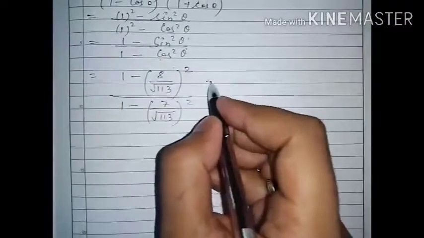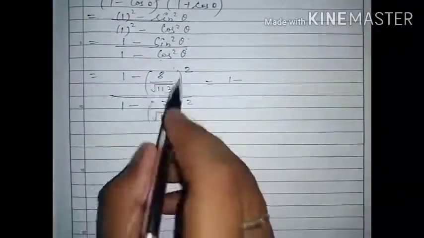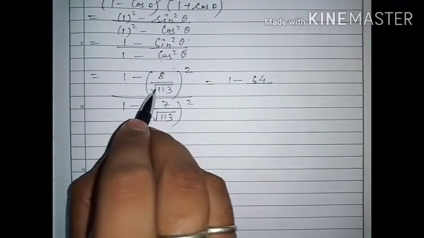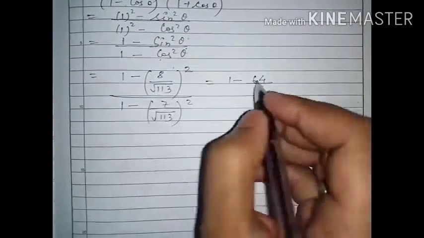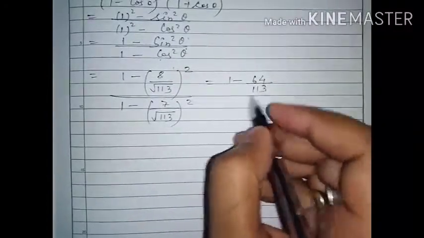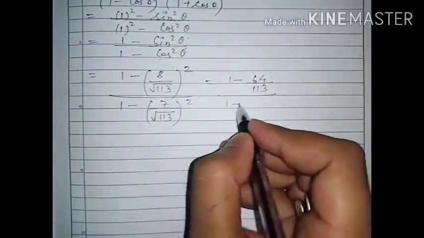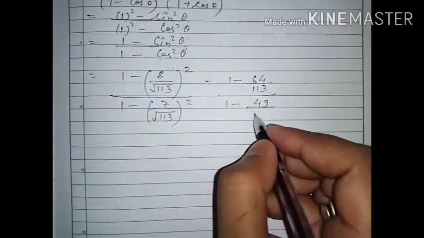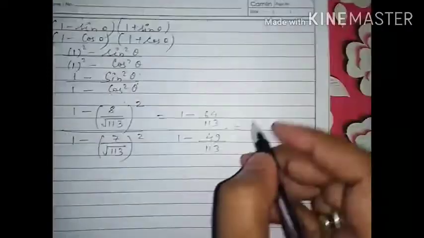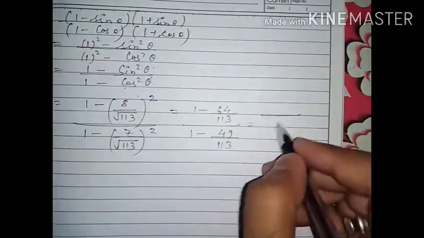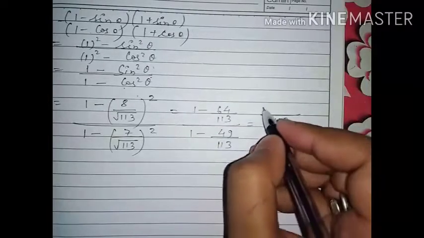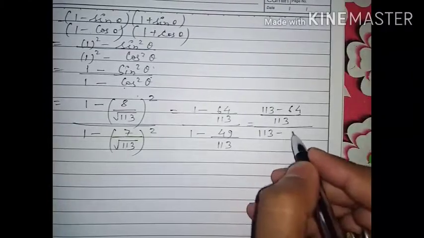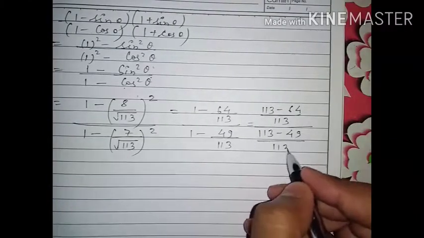Okay, now 8 square is 64 by 113, since root 113 square is 113, and here also 7 square is 49 by 113. Now solve this one. Take the LCM, 113. So this is 113 minus 64 upon 113 minus 49 by 113.